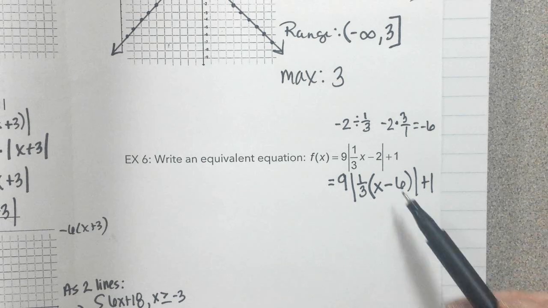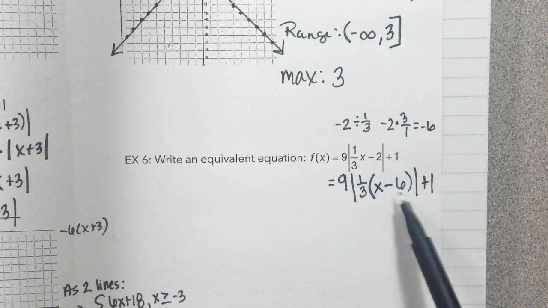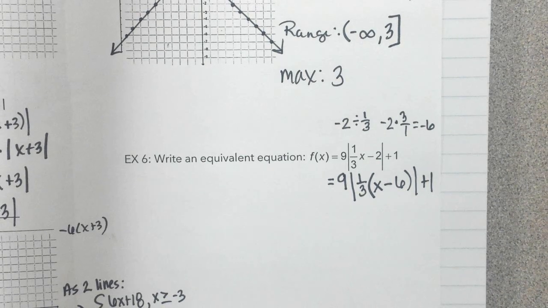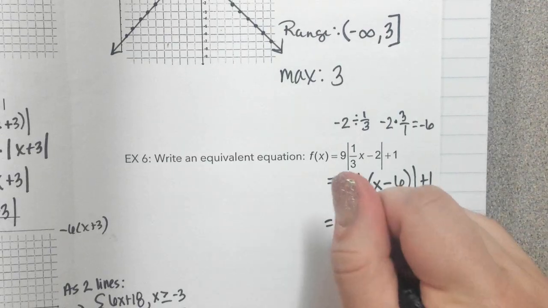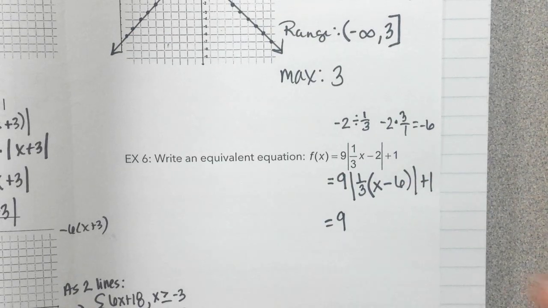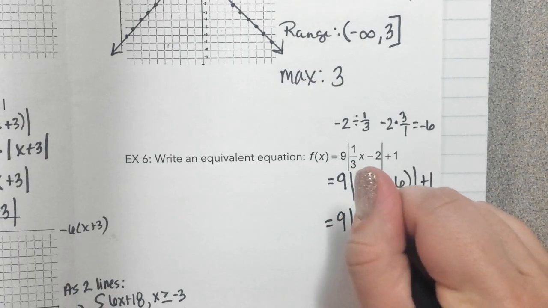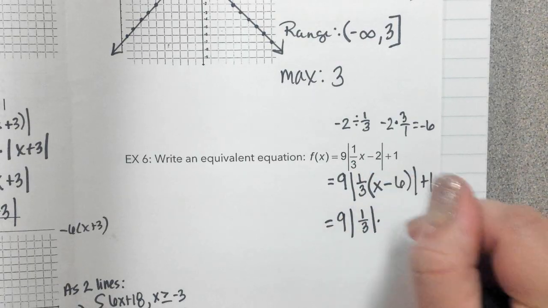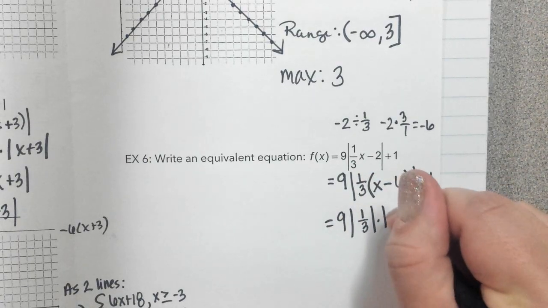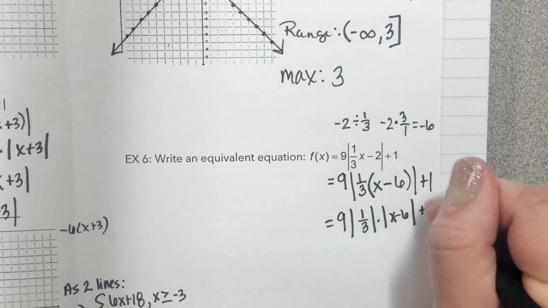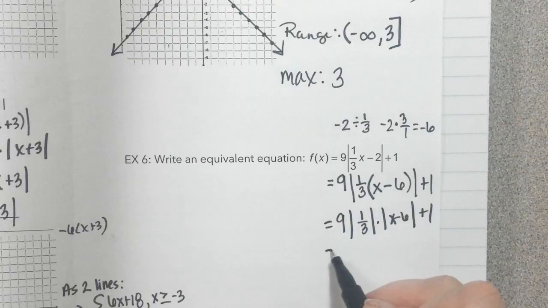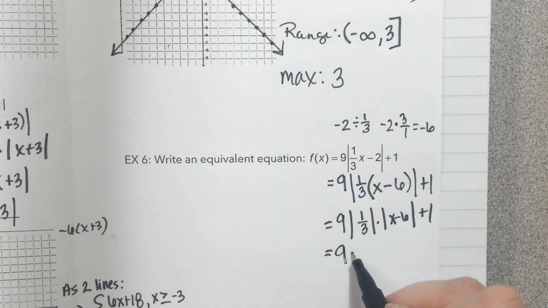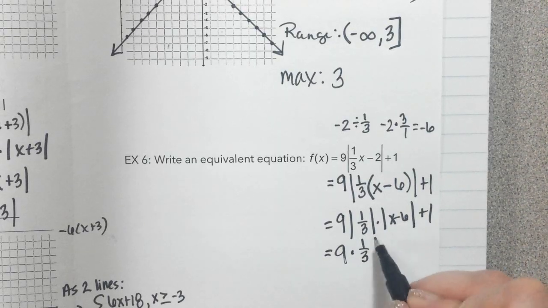You can always check yourself: does that make sense if I distribute that? Since we have a product, I can split it up, so 9 times the absolute value of 1/3 times the absolute value of x minus 6, plus 1. Absolute value of 1/3 is 1/3.